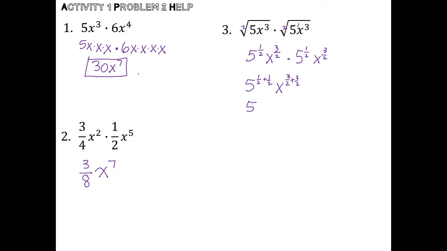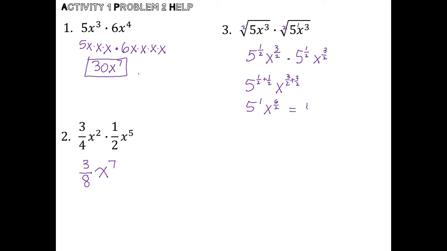1/2 plus 1/2. If you eat half an apple plus another half an apple, you actually ate the whole apple. So that's 1 whole apple. And then this is going to be x to the 3. Remember, these have common denominators, happy days. So it's going to be 3 plus 3, which is going to be 6 halves. Okay, and I'm just going to simplify this down some more.